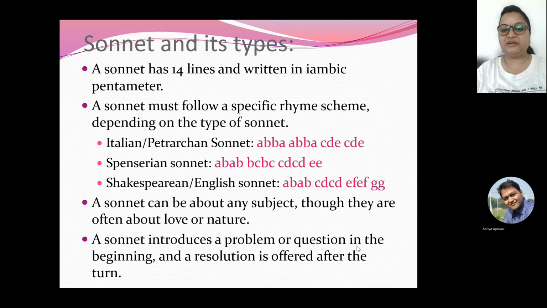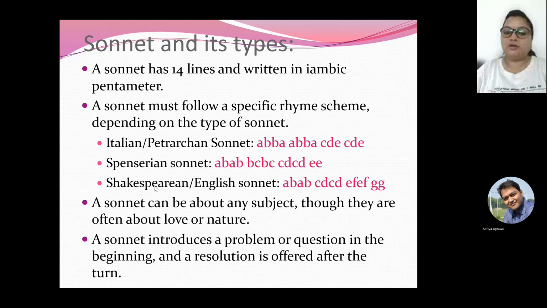Quatrain means a paragraph having 4 lines. So three quatrains means we have 12 lines in this rhyme scheme, A B A B C D C D E F E F, and the last two lines rhymed together are called a couplet. Okay, so in this way, this is the rhyme scheme of the Shakespearean sonnet, right?